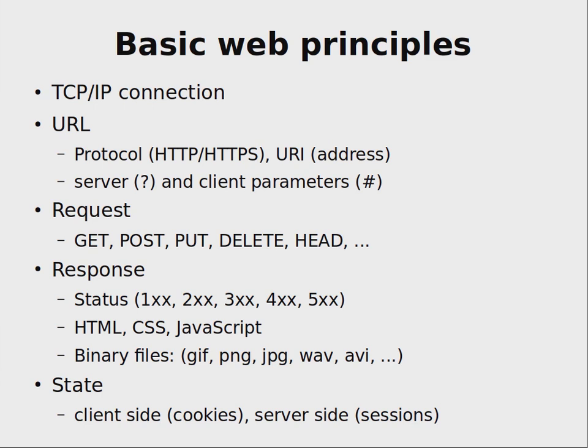And what are basic web principles? First, web is based on top of Internet protocol, or particularly TCP connections. That means controlled transmission of data from IP address to IP address, from port number to port number, using TCP connections. So that is Internet part of the web. And what is web part?